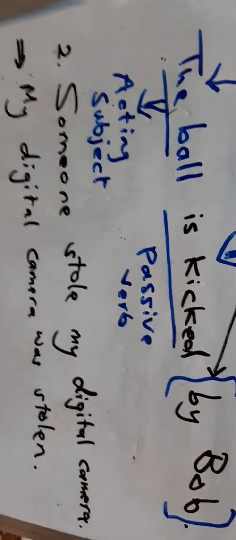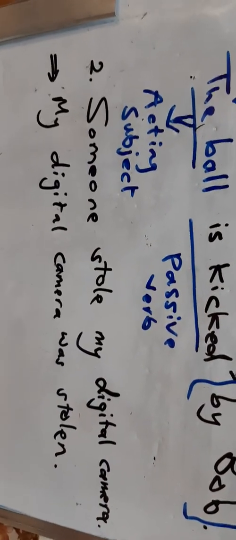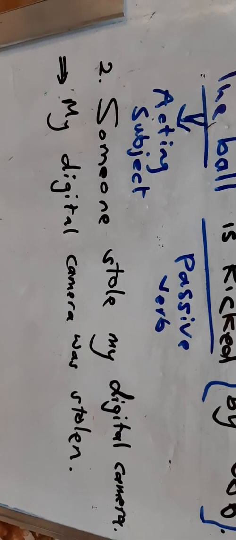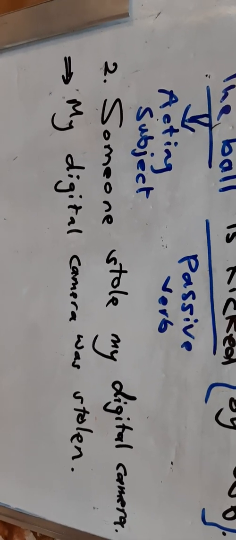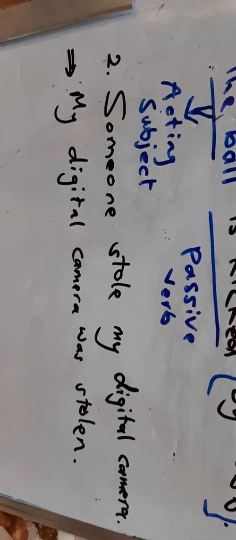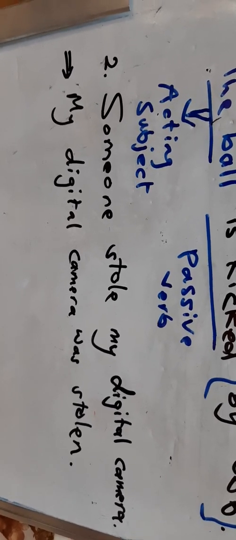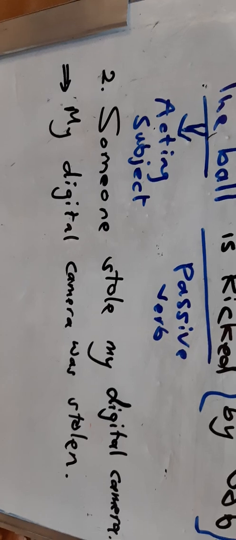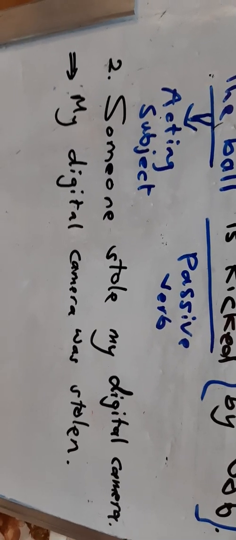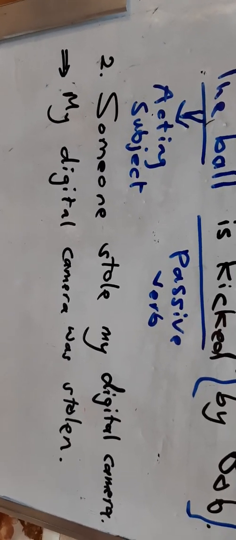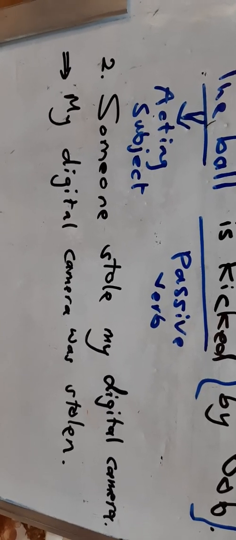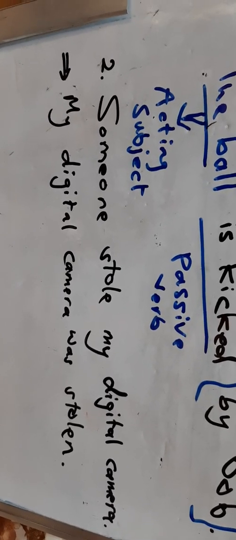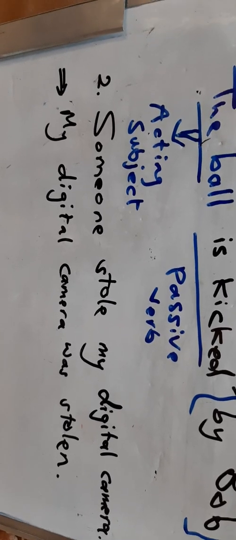Another example is, someone stole my digital camera. Now, this sentence is in the past tense. Stole is a verb which is in the past simple tense. The object, my digital camera, is shifted into initial position, يعني في المقدمة تنقل, my digital camera.